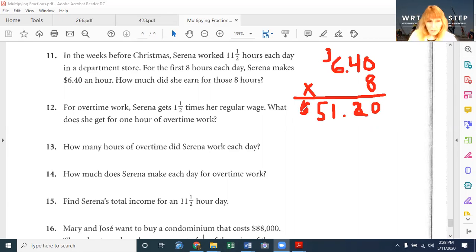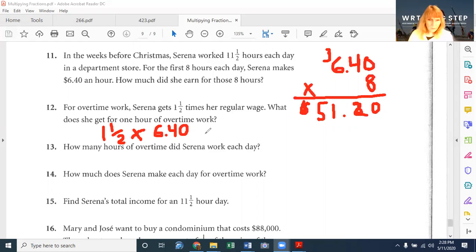Number 12. For overtime work, Serena gets 1.5 times her regular wage. What does she get for 1 hour of working overtime? Well, that's multiplying 1.5 times $6.40. Or you could say it's $6.40 plus half more of $6.40.